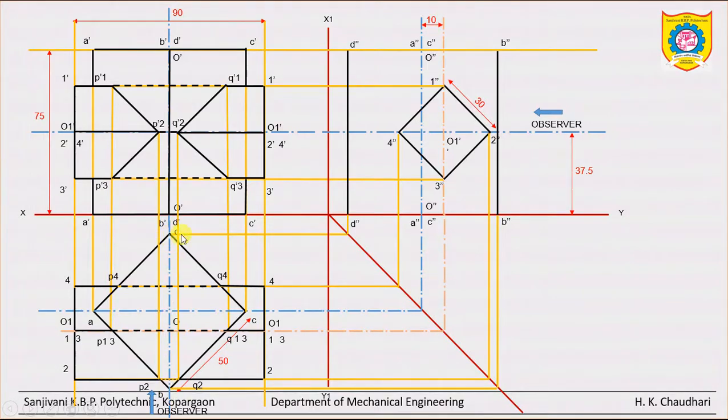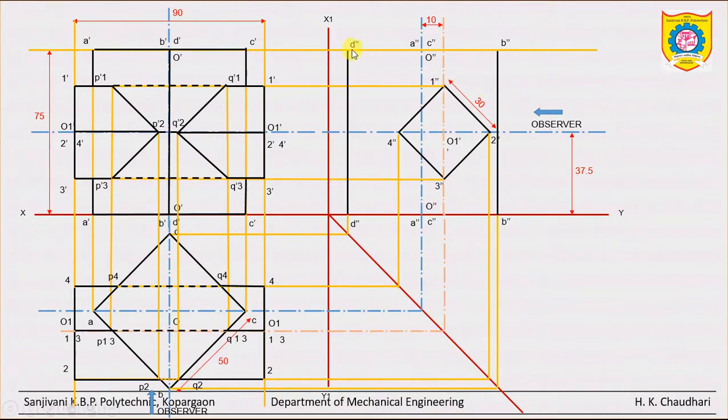And similarly here this D point, it is also outside the intersection. So very easily when we observe this intersection from this left side, for edges B and D there is no cut or intersection, so we have made them thick.